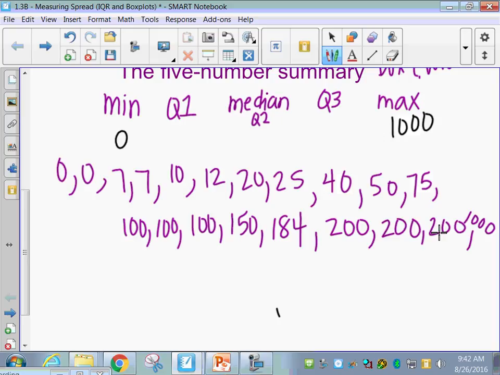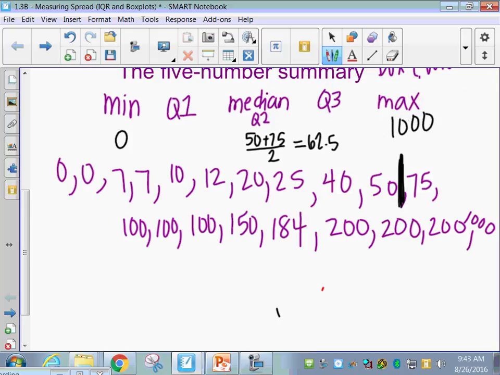Okay. If we split these in half, how much on each side? 10 on each side. So 1, 2, 3, 4, 5, 6, 7, 8, 9, 10. So we actually want the middle of these two numbers. If there's an even number of data, remember we have to do 50 plus 75 divided by 2. What is that, you guys? Okay. So there's our median.